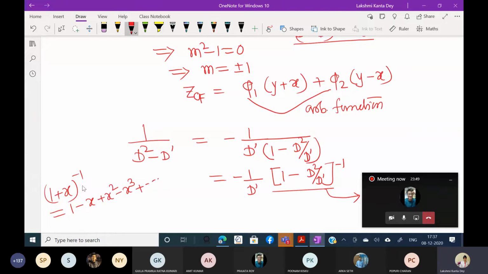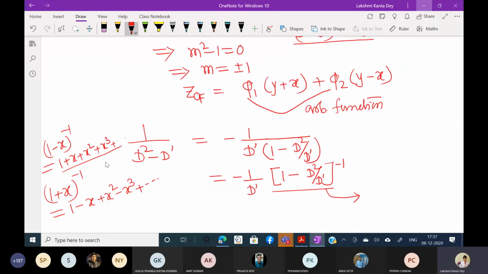If it is 1 minus x whole to the power minus 1, all are plus: 1 plus x plus x square plus x cube, in this way it goes on. Clear? And what is the rule for convergence? Mod x is less than 1. This converges for mod x less than 1.